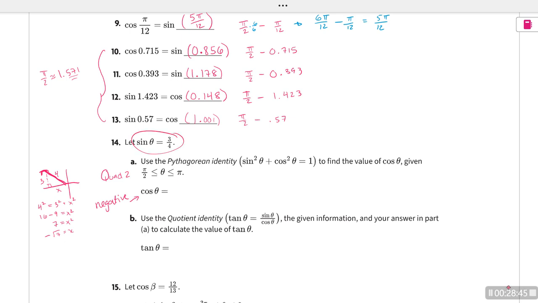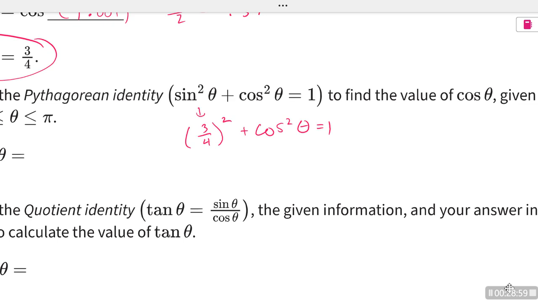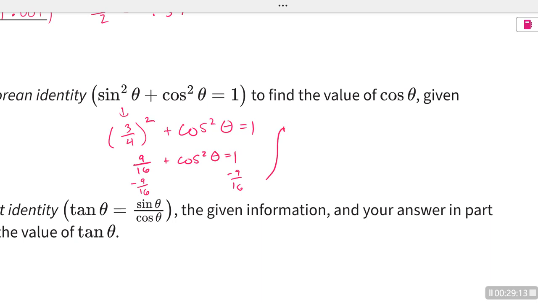So we know sine of theta is 3/4. So sine squared of theta is going to be 3/4 squared plus cosine squared theta equals 1. So let me zoom up. So 3/4 squared, that's 9/16 plus cosine squared theta equals 1. So now let's move this 9/16 to the other side to get cosine by itself.